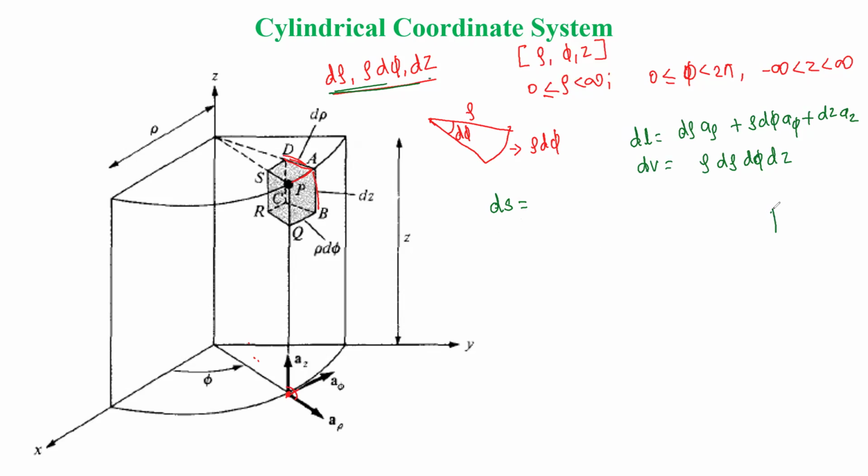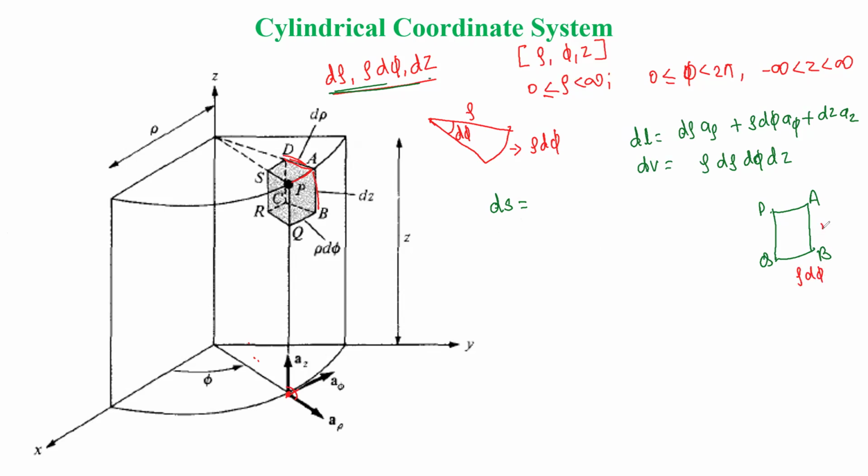Suppose for example, first we are talking about this part. So this is the curve. So that name is here, if you correlate with diagram, this is the PQBA. So what is the dimension? See the diagram from here. Already we have seen QB is the rho d phi.